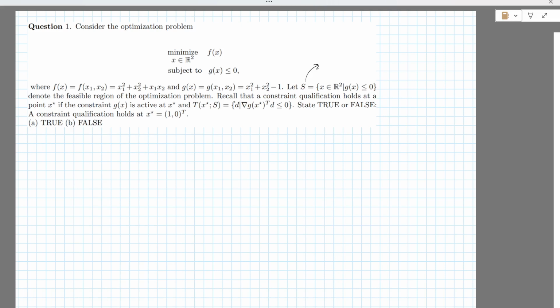They are saying that a constraint qualification holds at x star if g(x) is active at x star and the tangent cone at x star with respect to the set S is as defined like this. The question is whether the constraint qualification holds at x star, that is the point given here, (1, 0).